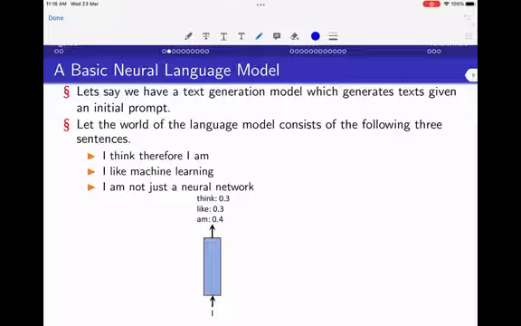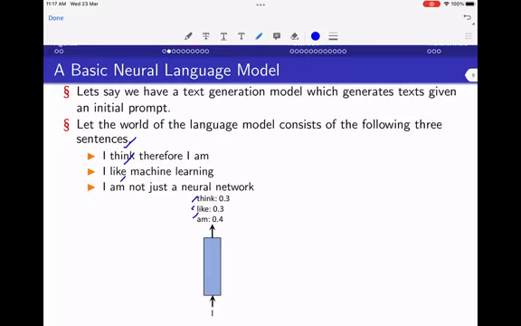Suppose it is a very good model, and it has learned the probability of the second word: think, like, and am are the three options for the second word after I, and they are almost equally likely. So just 0.3, 0.3, 0.4.